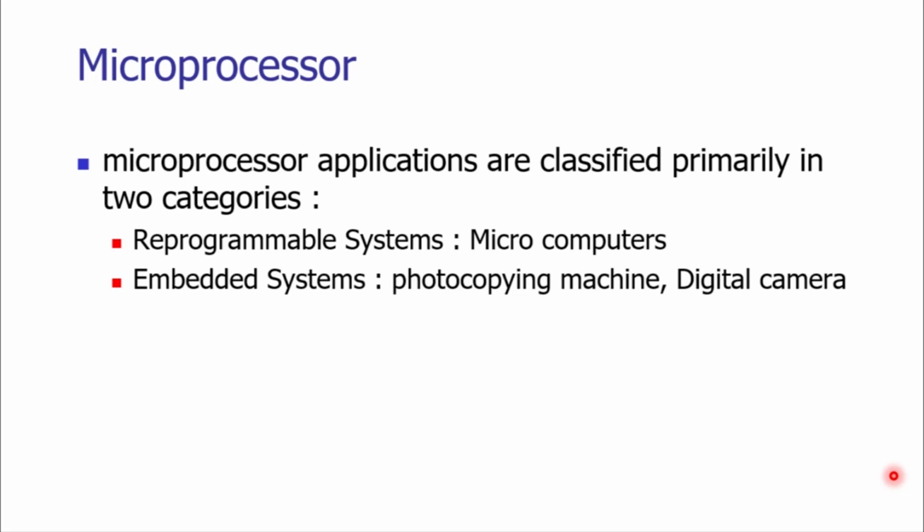We can install programs. We can modify these programs. We can edit the programs. To carry out these operations in microcomputers, we are using the microprocessor. So when we use the microprocessor for developing a reprogrammable system, we call that the application of the microprocessor to have microcomputers.